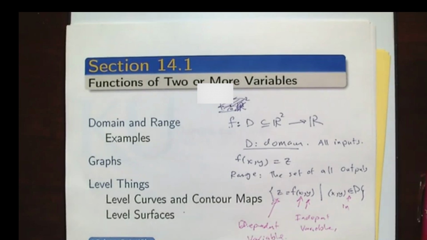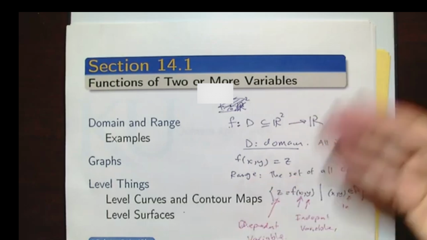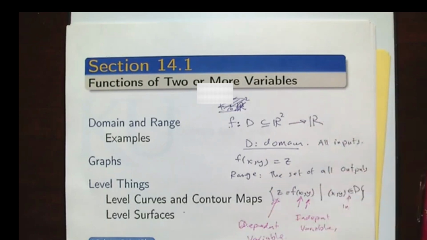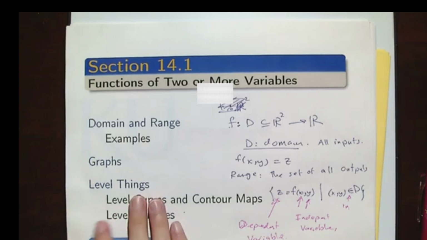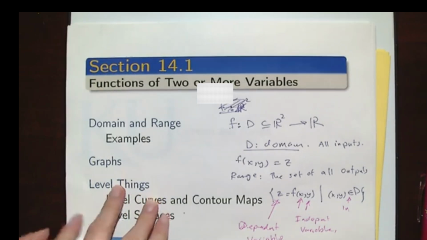Which one is independent? X. Which one is dependent? Y. Which one is input? X. Which one is output? Y. When I go to a function of two variables, the independents are x and y, and the dependent is z. The independents are the input, and the output is z, right? So that's how it goes.